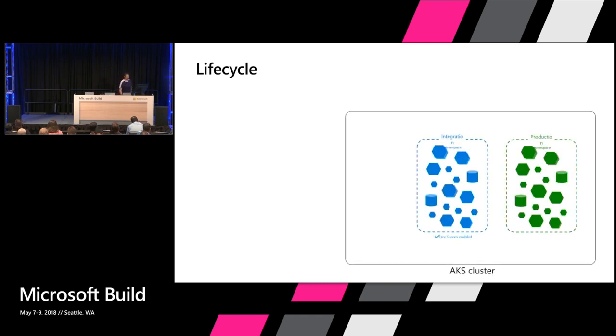So what I'm showing over here is an AKS cluster on the right-hand side. Let's say that I have 2 namespaces, one called production, and it's running all my production containers. And maybe I have an integration namespace, which is running my integration containers there. Now, most probably, and often, you would actually be running production in a totally physically different cluster. And that's okay, you could do that.